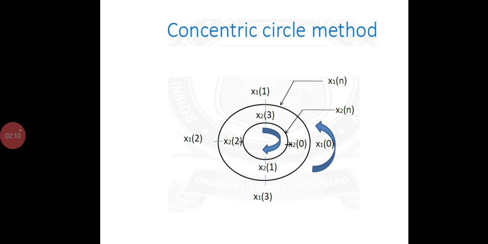The outer circle holds x1 of n, denoted in the counterclockwise direction, and the inner circle holds the second sequence x2 of n, denoted in the clockwise direction.